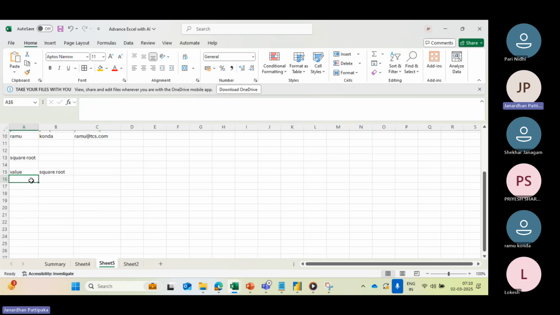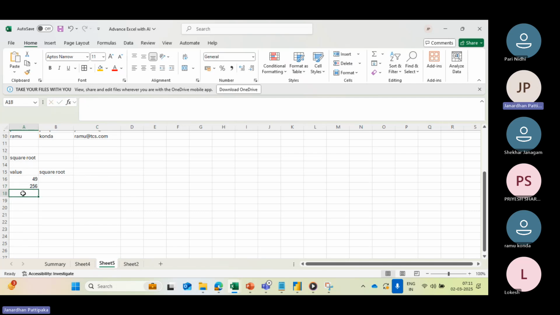So how can you find the square root of any particular value? Suppose I take one example, like 49, or I will take the value 256.